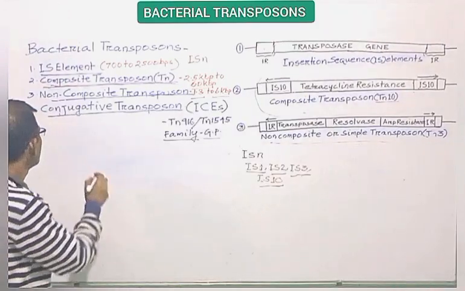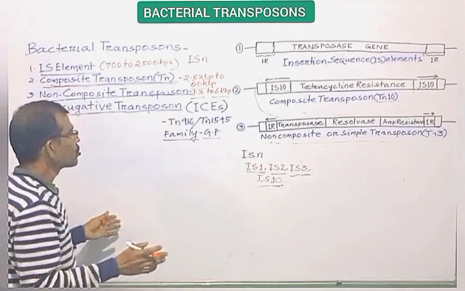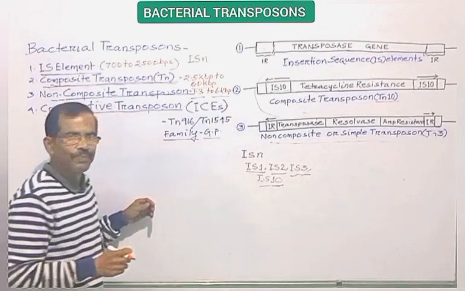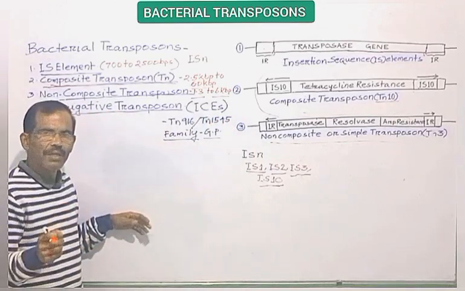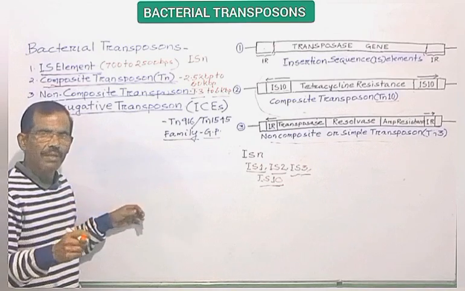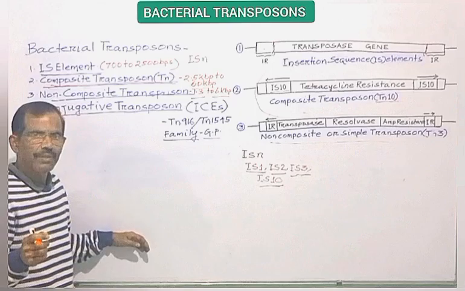Last one is the conjugative transposon, which is also known as integrative and conjugative elements. These mobile DNA sequences are integrated into the bacterial chromosome and promote their own excision.